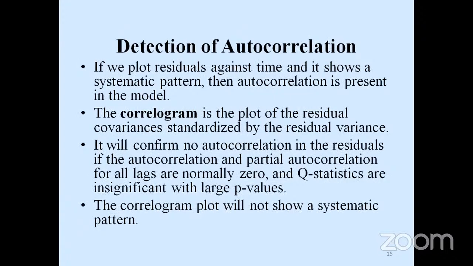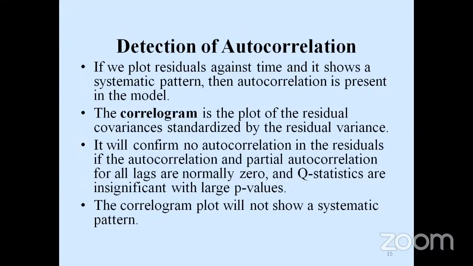So how do we detect autocorrelation? These are the consequences which we have understood, and now how to detect it. If we plot residuals against time and it shows a systematic pattern, then autocorrelation is present in the model. That means, if we plot the residuals, that is the error terms, against time and it shows a systematic pattern, there is autocorrelation. The correlogram is one of the tools to see the residual behavior.